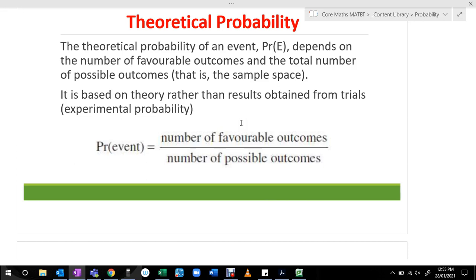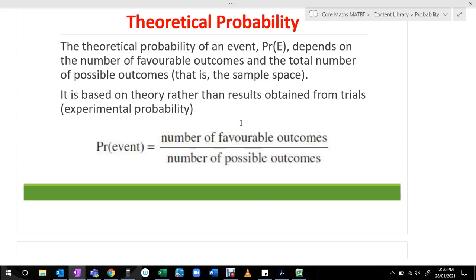Say there's 21 of you guys here, so all the possible outcomes, 21, and I want to select a girl in this class. So if there is 21 people and I think there's 12 girls here, the probability of me picking a girl is going to be 12 out of 21.